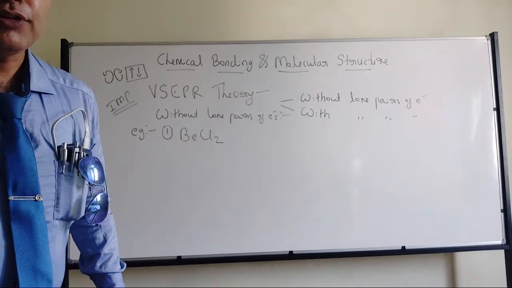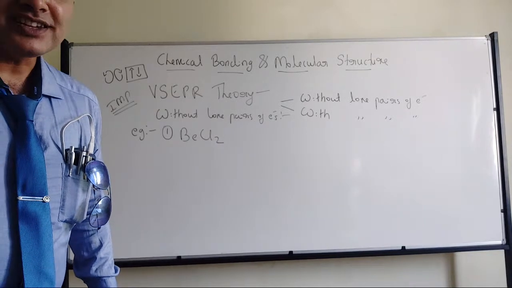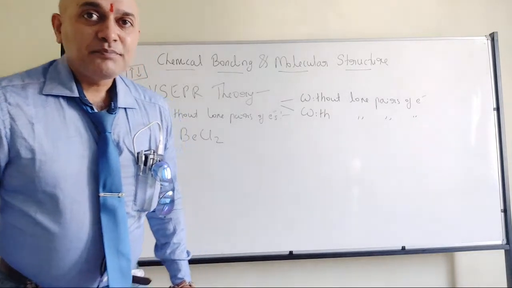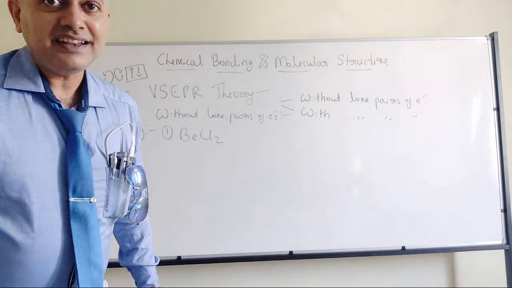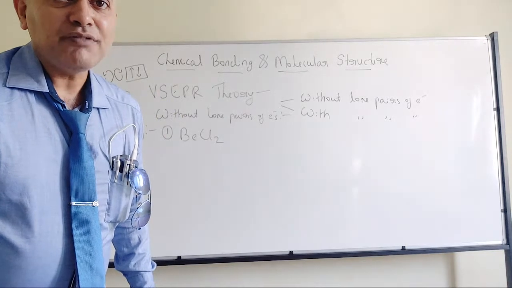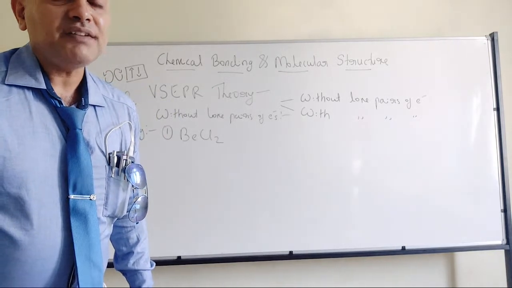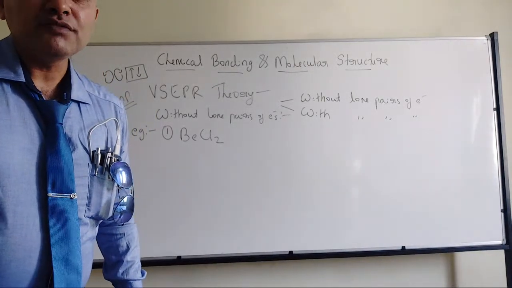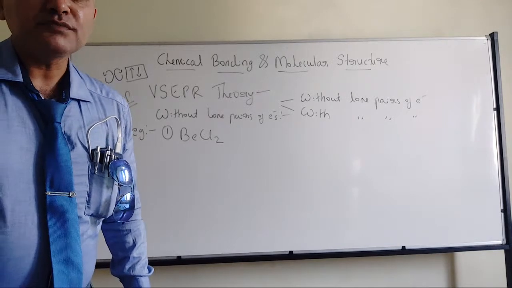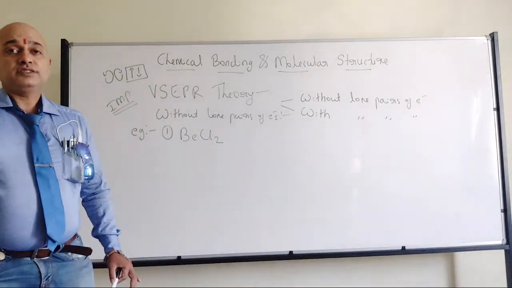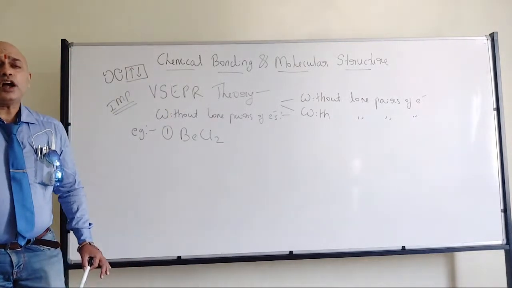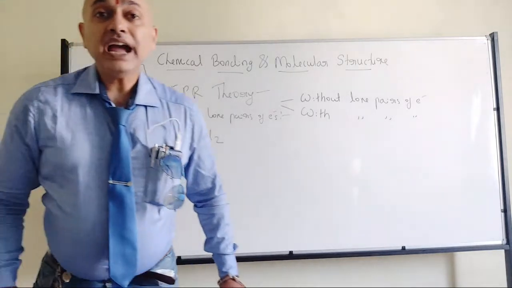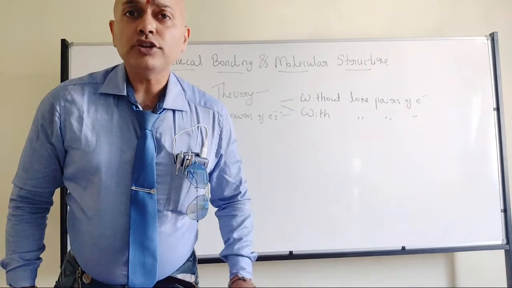Suchita is writing 3, Pooja is writing 3, Rohan is telling 1, Dhanush is telling 7. No, it's not 3, not 1, not 7. It should be 2. Chidvan is correct. Now Suchita has made it correct. Since it belongs to group number 2, it should have 2 valence electrons.